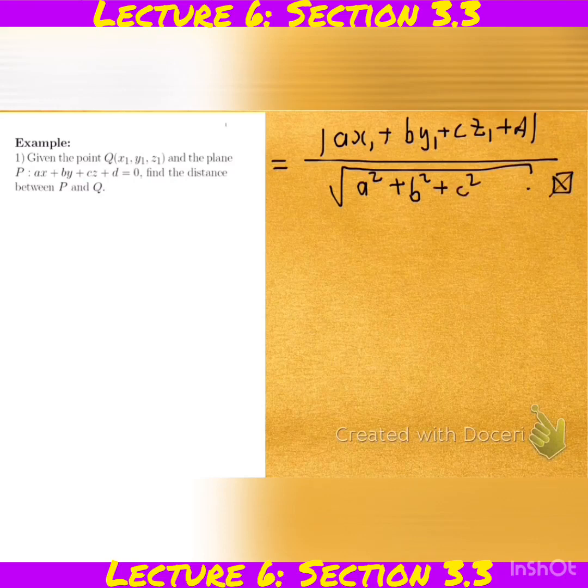So definitely this projection theorem has some nice applications in calculating distances between points and planes.